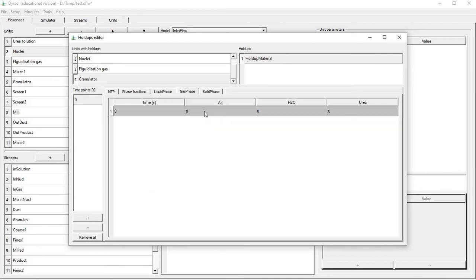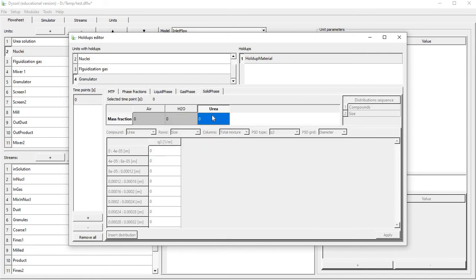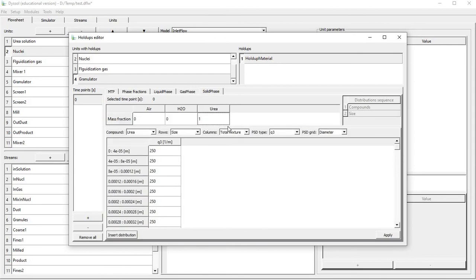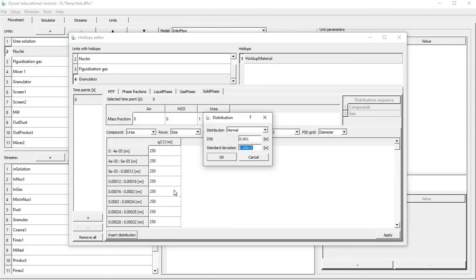So the solid phase will consist only of urea, and it's necessary to define the initial particle size distribution. As in the case of nuclei, here the initial diameter will be 1 millimeter, but the standard deviation will be slightly modified. It will be 0.1 millimeter.